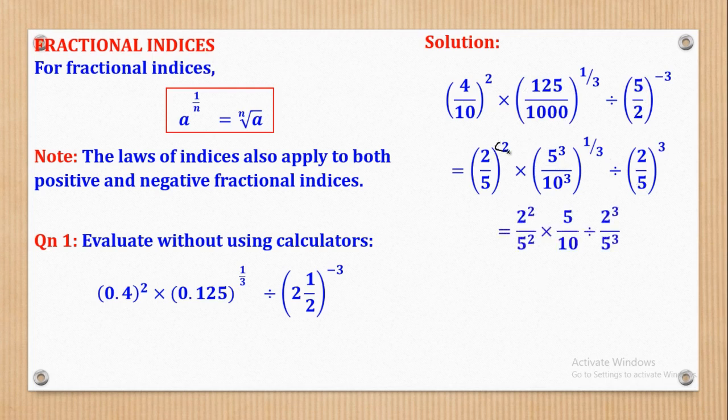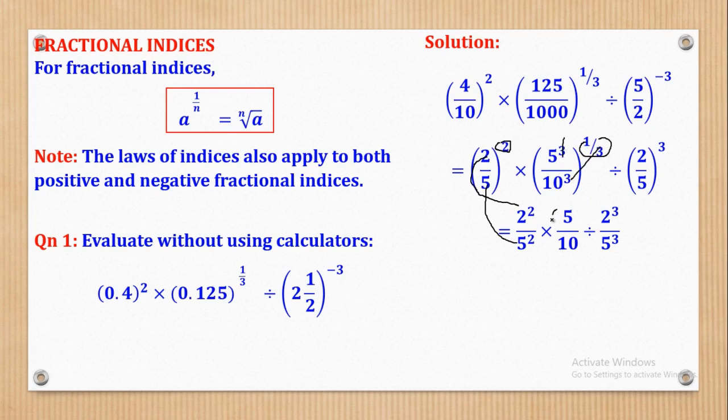Now this power, we are doing the reverse of division with different base and same power. This power affects both of these ratios. Therefore, this will become 2 to power 2 and this will become 5 to power 2. Then here, this power with this is 1 and this power with this is also 1.